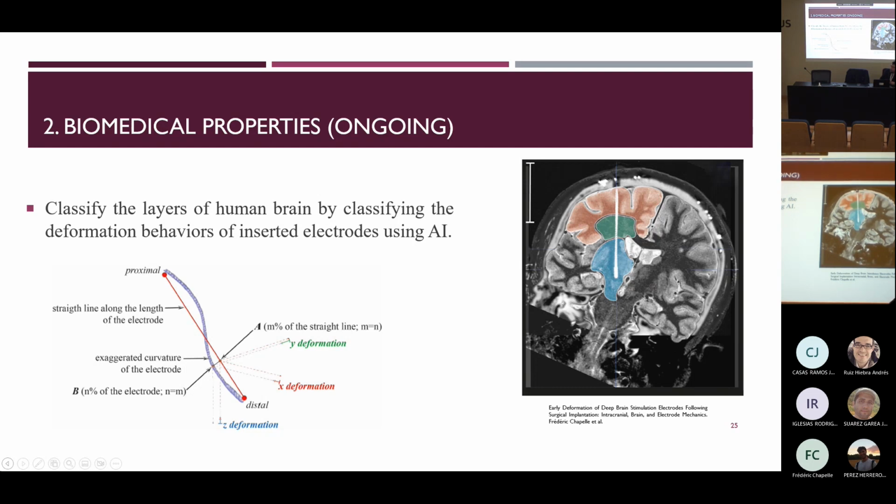I remember being in a PhD defense in Clermont about this electrode, and I was quite impressed by the fact that the brain is so heterogeneous, with so many different materials inside, and that you really need this deformation control of the needle in order to follow all the structures in the brain without creating damage. So I think this is the good advantage of these materials: you can control how the needle deforms inside the brain. In addition, you can also plan the path so that you do not damage any part of the brain.